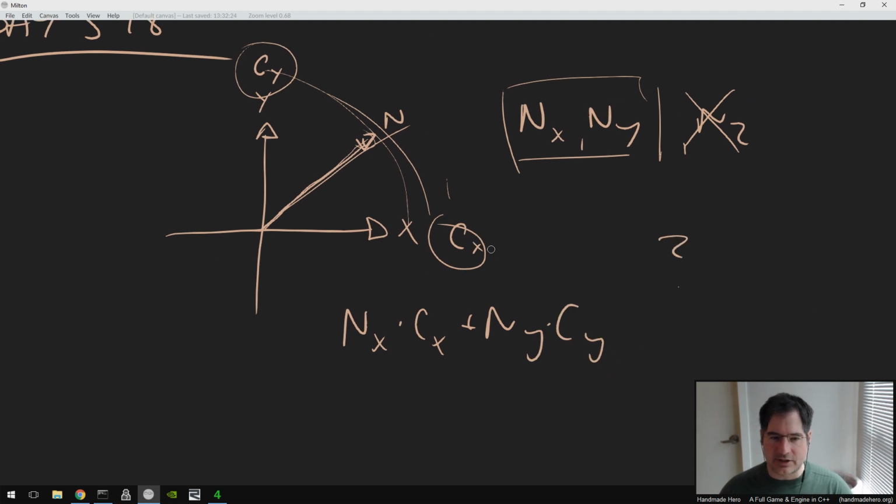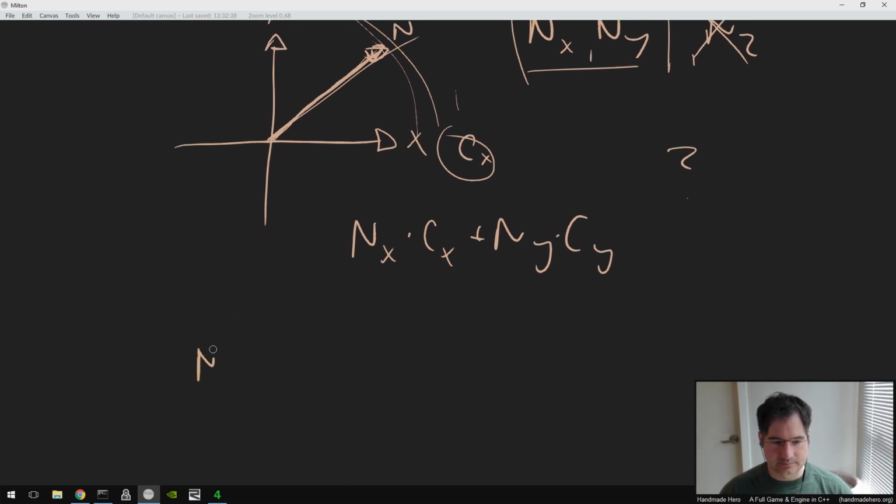The problem here is that the normal in this case is, as its name would imply, normal. It's a normalized value. What that means is this is true, right?